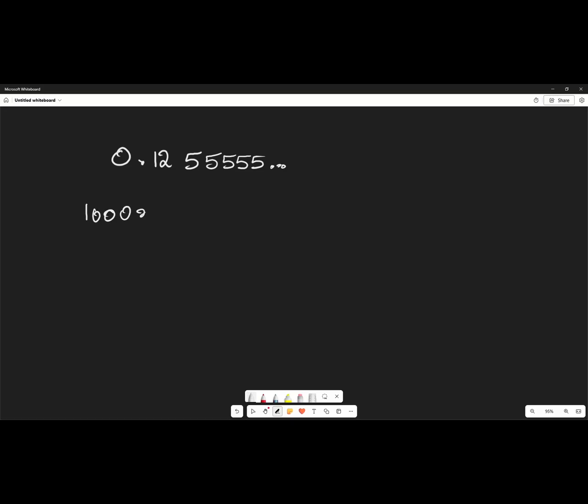If x is 0.12555, 1000x is equal to 125.5, or rather we'll just use 100x. 100x is equal to 12.5 bar.